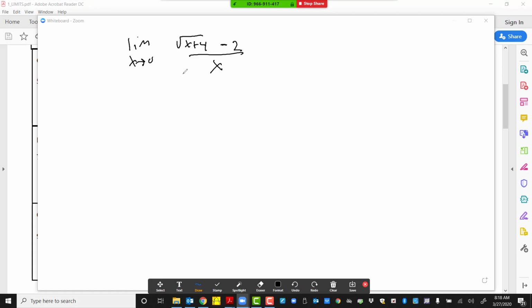Now, what you do notice is if we plug in 0, we should get 0 over 0. So if you wanted to, you could do L'Hopital's rule here, and you'd be okay. But we're trying to show all of our methods, so we're going to show multiplying by the conjugate. So I'm going to start by multiplying by the conjugate here. Square root of x plus 4 plus 2 over square root of x plus 4 plus 2.